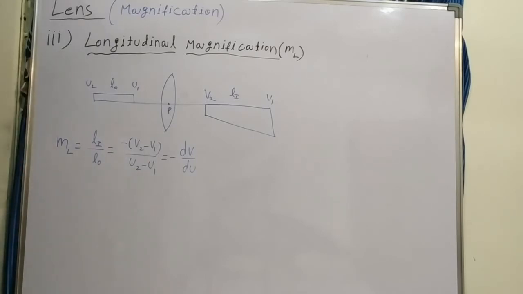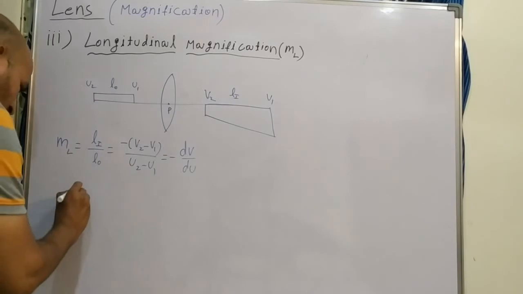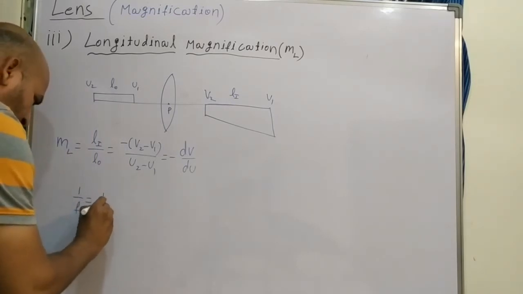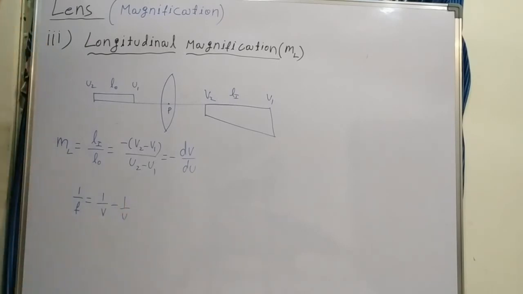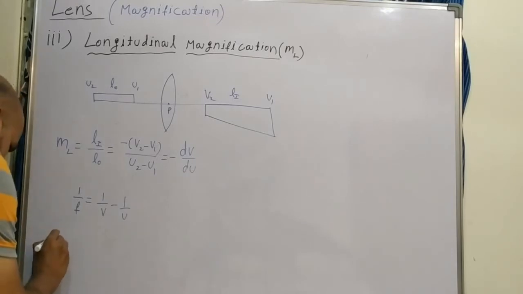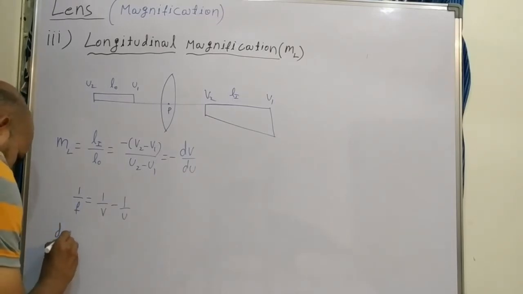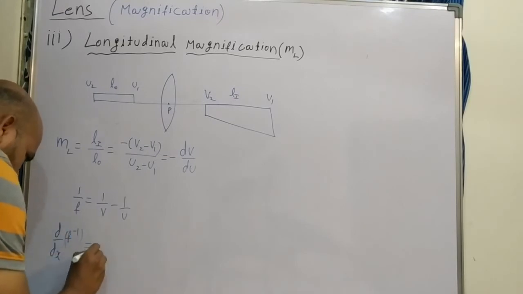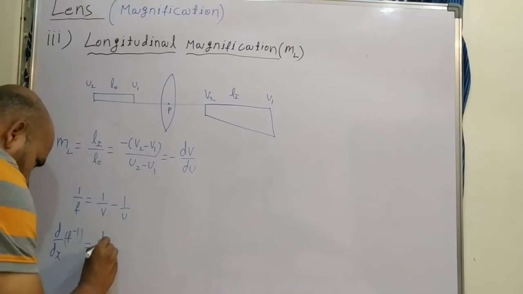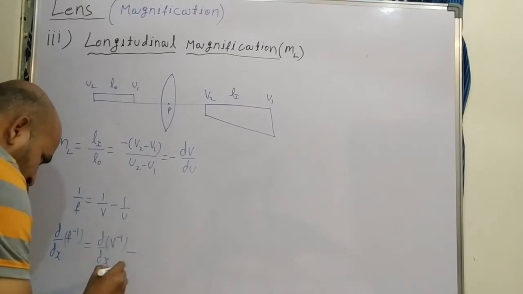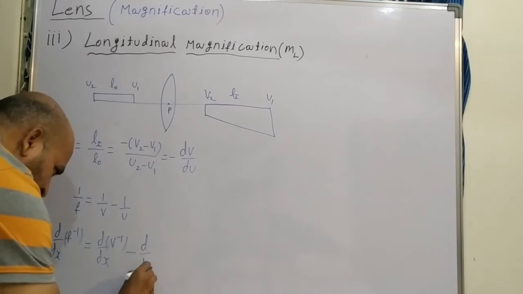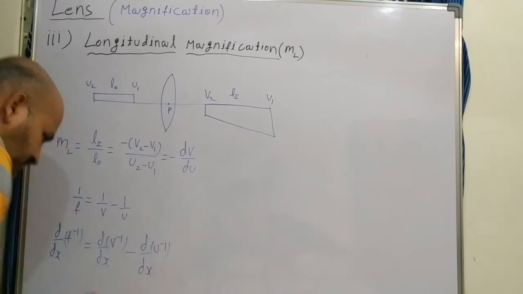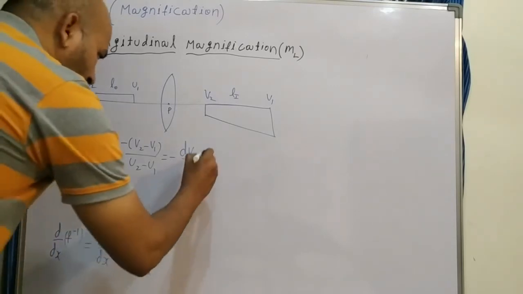Suppose you take the lens equation, 1 by f is equal to 1 by v minus 1 by u. If you differentiate this equation on both sides with respect to some variable x, here f is constant but u and v change. So what you get? d by dx of f power minus 1 is equal to d by dx of v power minus 1 minus d by dx of u power minus 1.